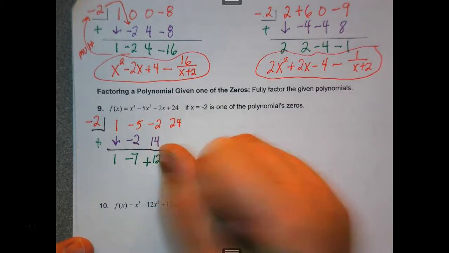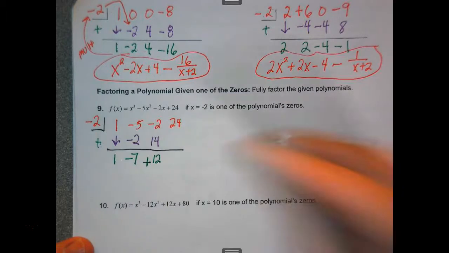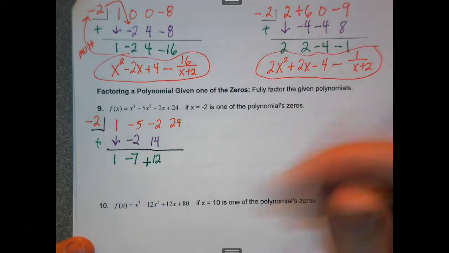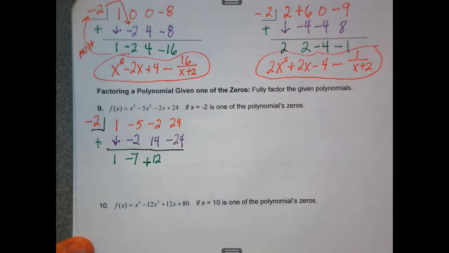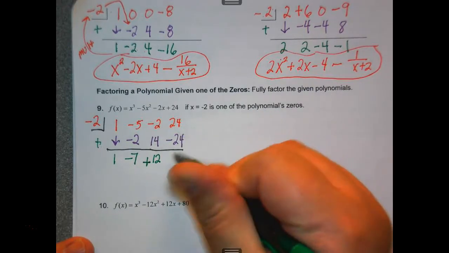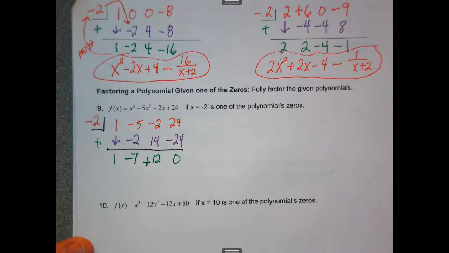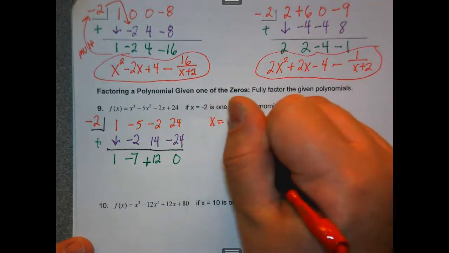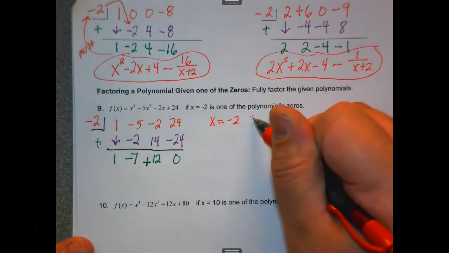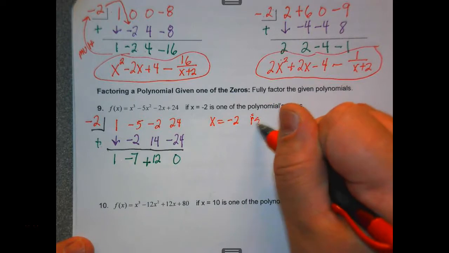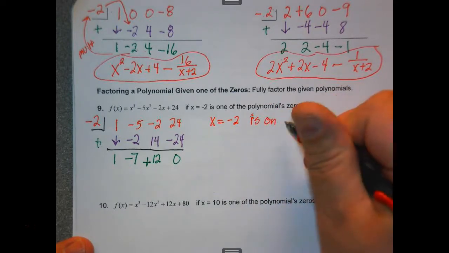My fault. +12 times -2, -24. 24 plus -24 is 0. Okay, so x equal -2 is definitely a solution, is one of the polynomial solutions.